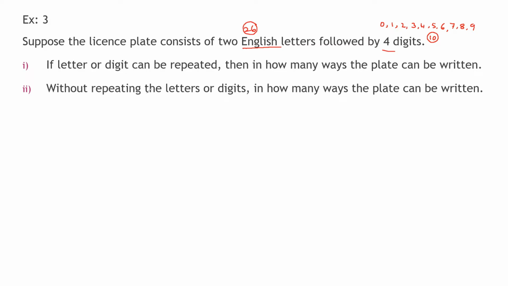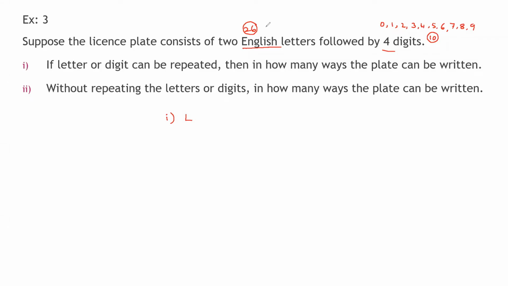Let us consider the first case, where letter or digit can be repeated. From 26 letters, I can choose one letter here. Again from 26, already I have taken one letter.